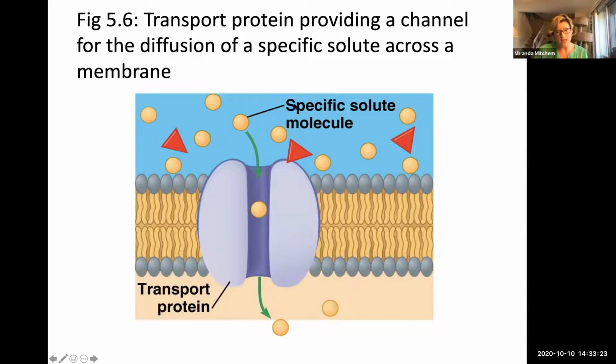So our gradient is high out here to low inside. So diffusion will happen until that solute molecule has hit its dynamic equilibrium. The triangle should have no bearing whatsoever since it does not interact with this transport protein.